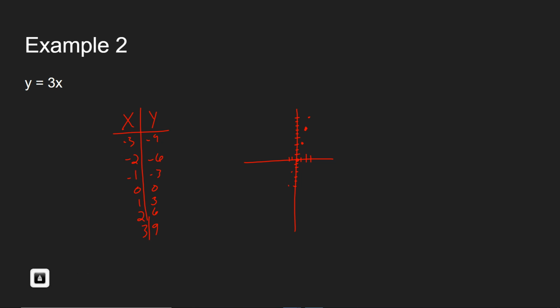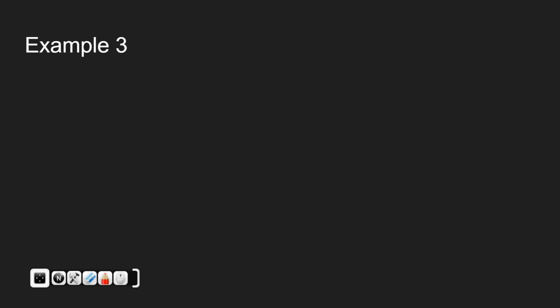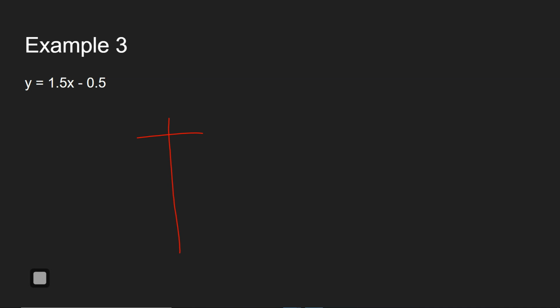But what does this look like if we have decimals? That's what example 3 is going to look at. We know that at 0 it's -0.5.